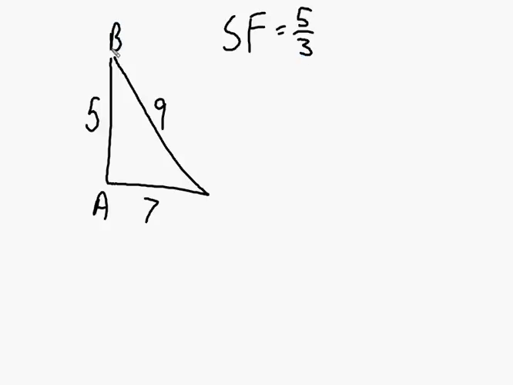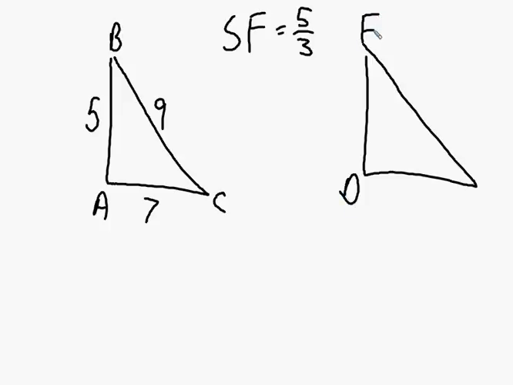A, B, C. So I want you to create triangle DEF, and I don't really care if the actual size is appropriate. I'm more concerned with, are you getting the correct measurements? So I want you to find me triangle DEF's measurements.